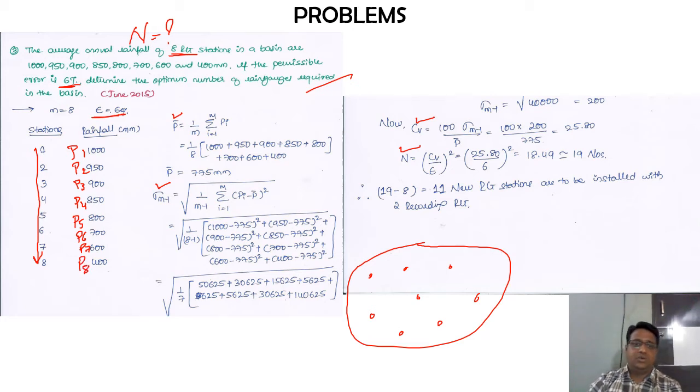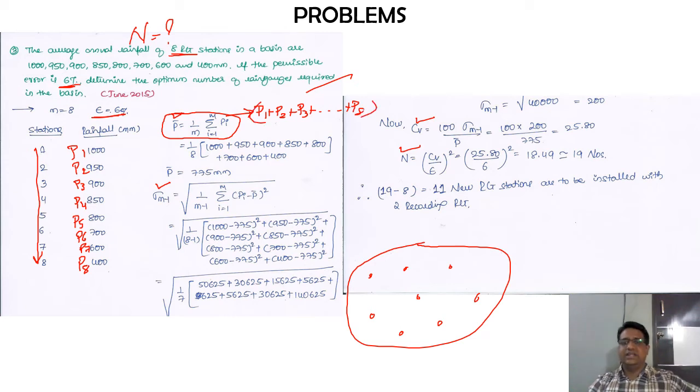Your arithmetic average of rainfall received is equal to 1 by m summation of i varying from 1 to m of Pi. So my Pi will vary from P1 plus P2 plus P3 and so on up till P8, since we have 8 existing rain gauge stations. 1 by m is 1 by 8, which is already given in the problem.